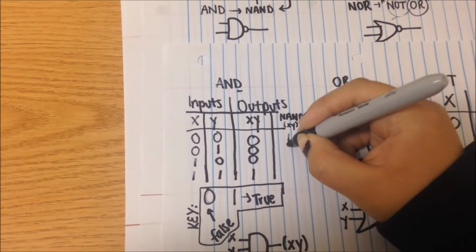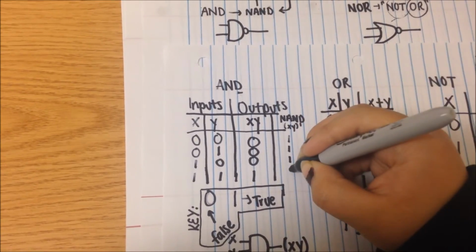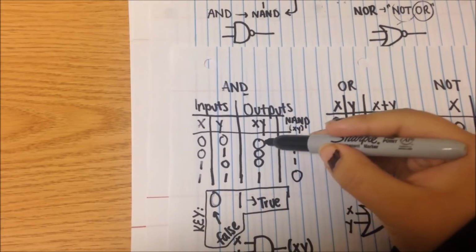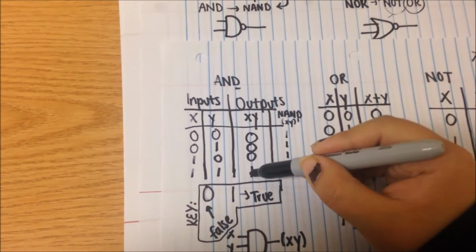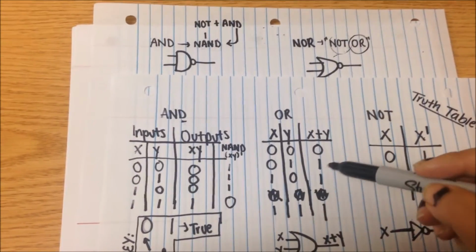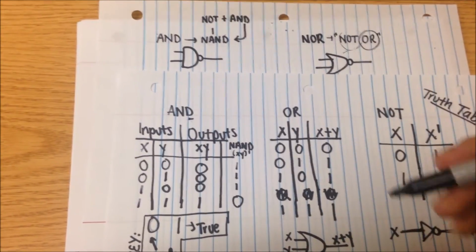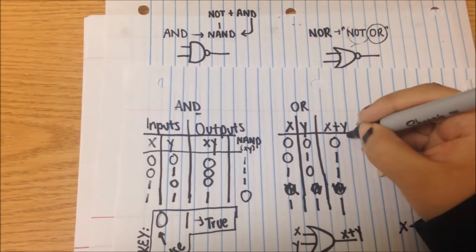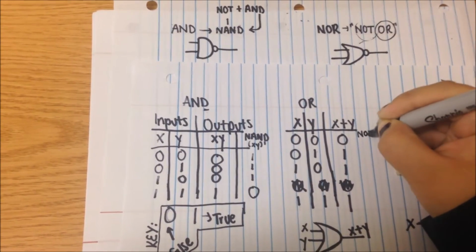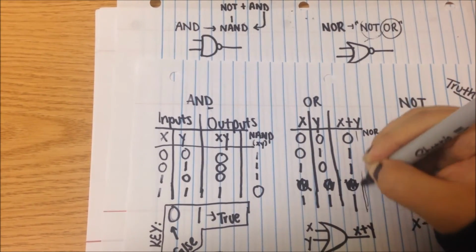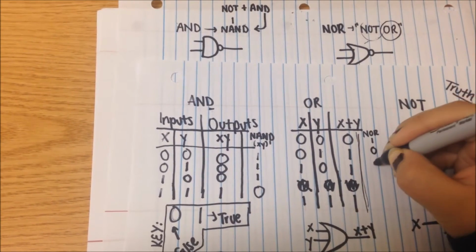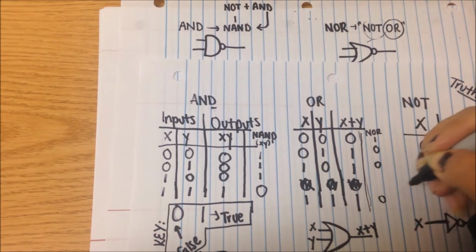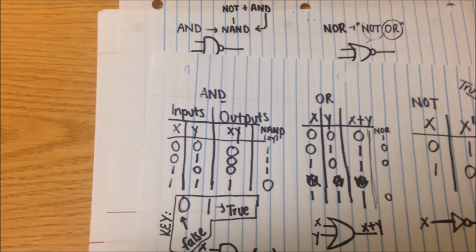It's just 1, 1, 1, and 0, because the opposite of 0 here is 1. Same here, and the opposite of 1 is just 0. Same thing goes for your OR. You just take the opposite. When it comes to NOR, here you get 1, 0, 0, 0. It's simple as that.